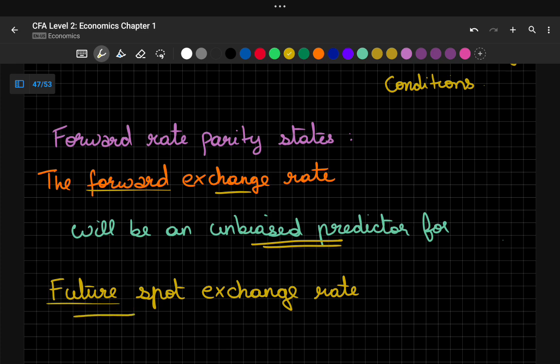Now I'll tell why both covered and uncovered interest rate parity is important over here.